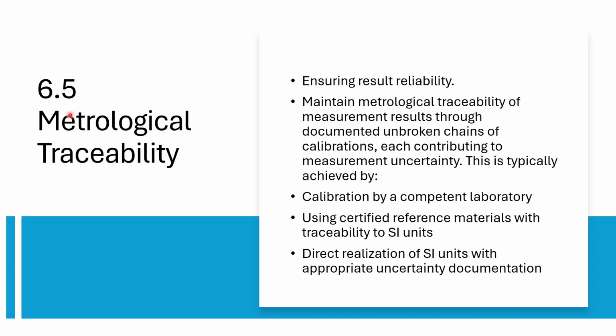Clause number 6.5, that is metrological traceability. Now, this is crucial for ensuring result reliability. The laboratory must establish and maintain metrological traceability of measurement results through documented unbroken chains of calibration, each contributing to measurement uncertainty.